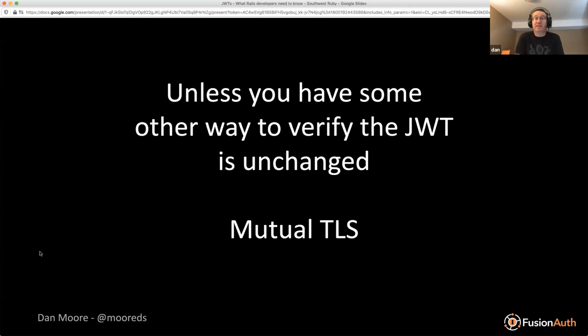I would store it any other place that I would store something secret, right? Like this is just like the secret key base. So if I was doing a Heroku application, I would store it in the environment, or something like that. You can rotate keys, and you probably should, but there are ramifications for rotating keys, and there could be operational issues too if you have to distribute a symmetric key to multiple different services.